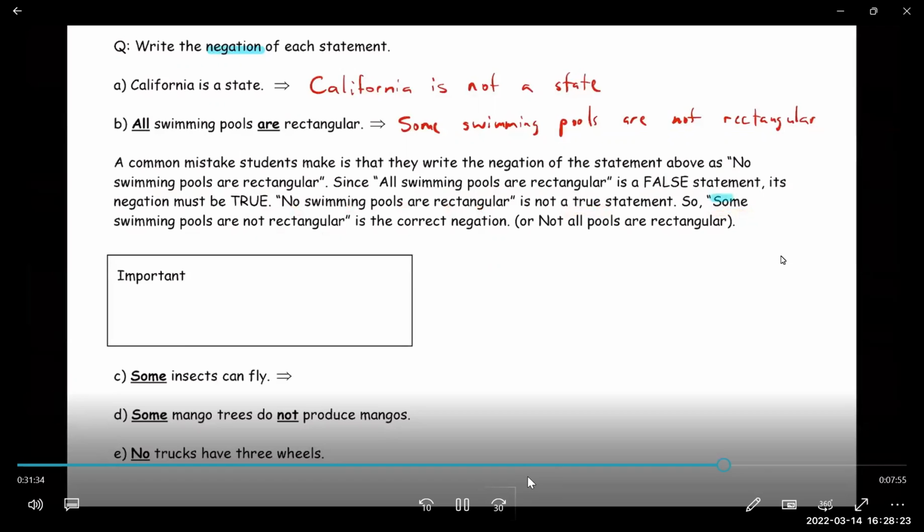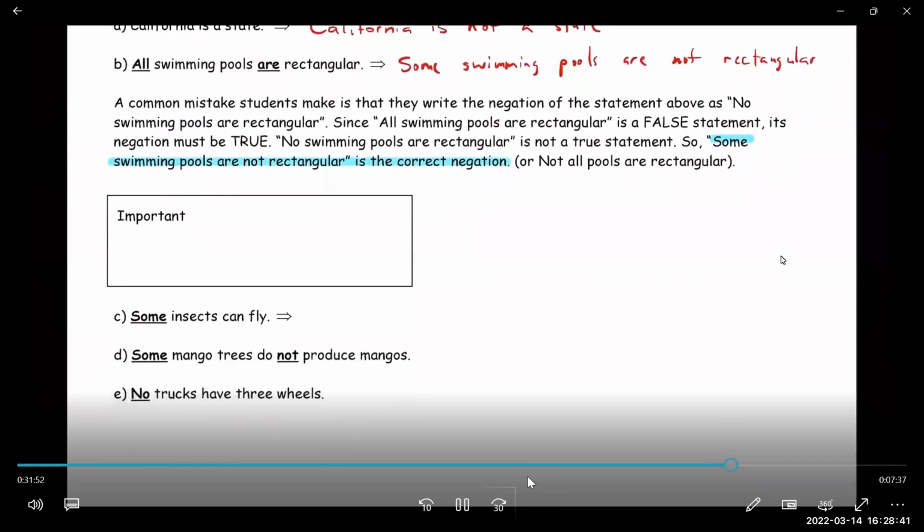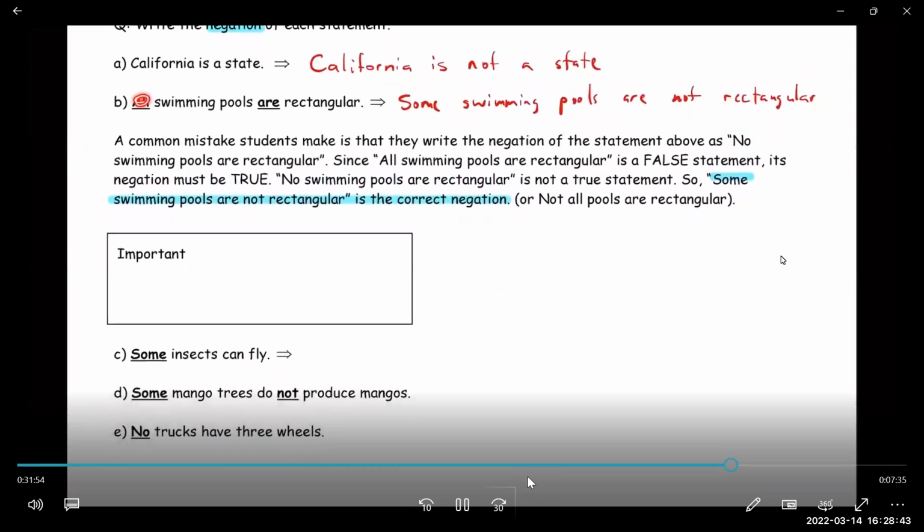You just have to be very careful with the wording. Here's another way you could have written it. You could have also said not all pools are rectangular. Sometimes there's more than one way to write it. All right, so the key word is all. The way you want to negate all is by saying some, and then are would become are not.